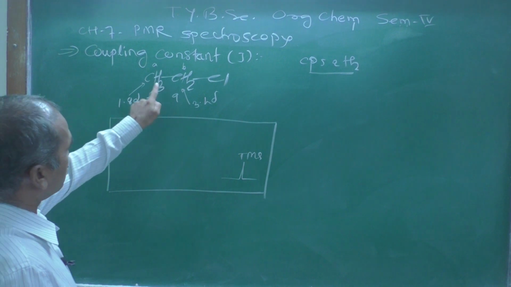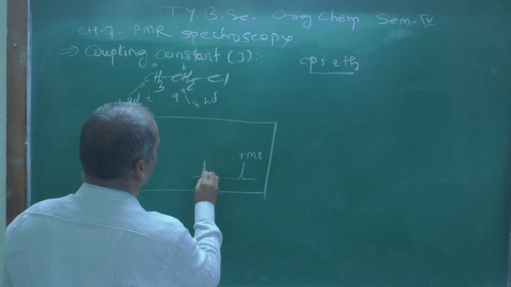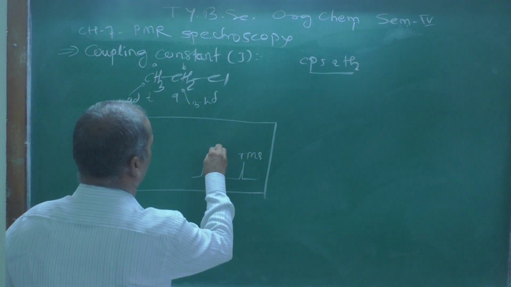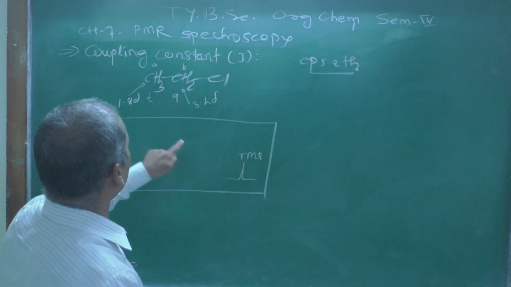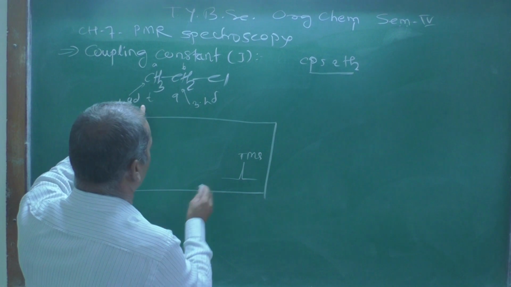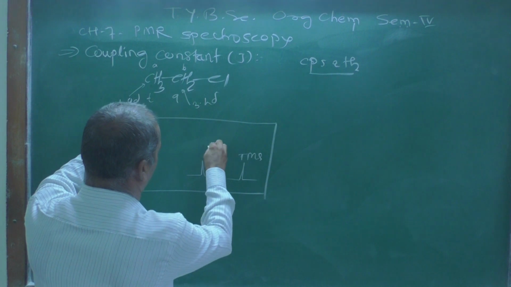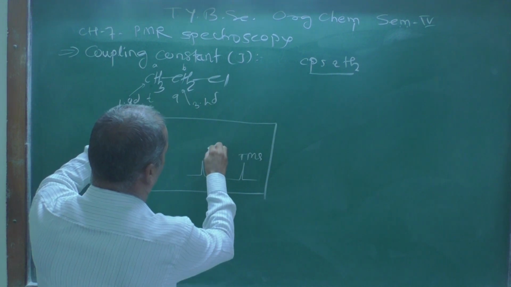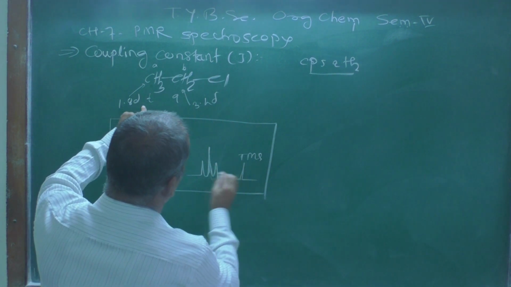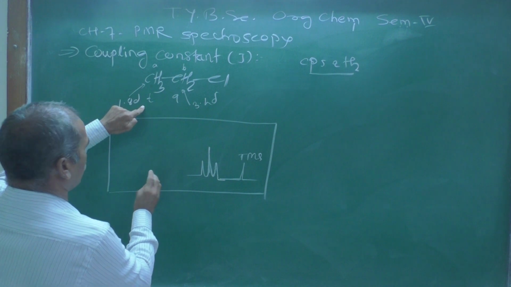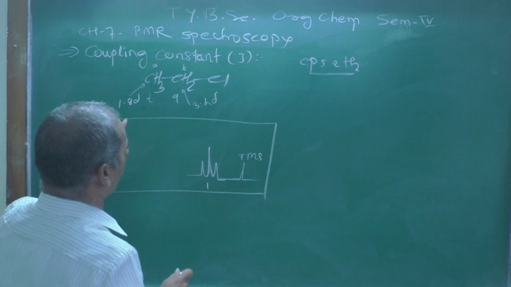Now let us see here the peak which we are getting. This peak is due to A, a triplet, and the triplet can be seen like this. Look at this. This is a triplet, and here the chemical shift value does not change.